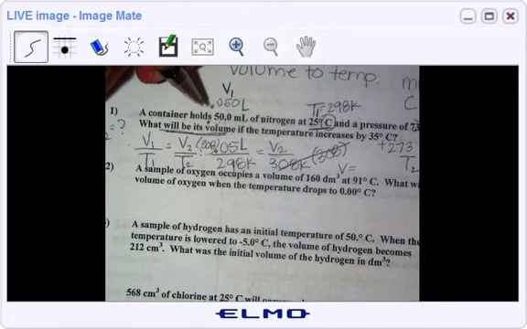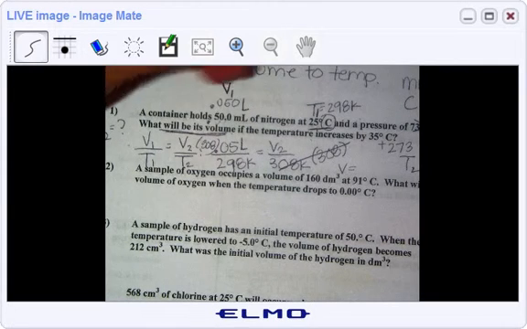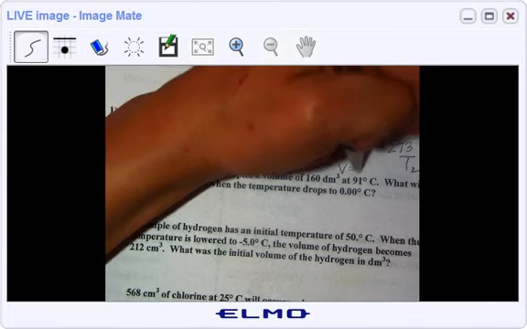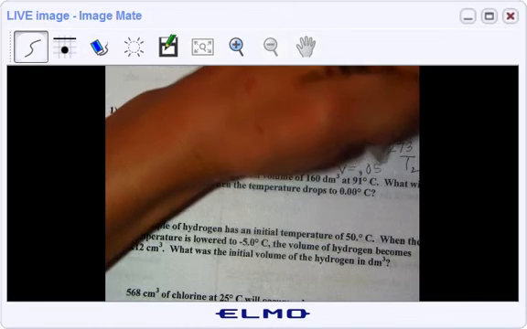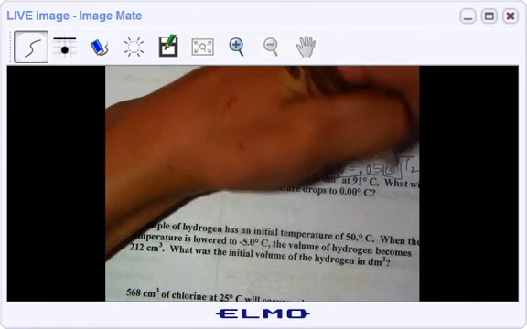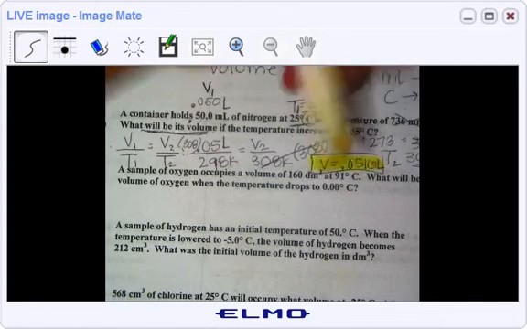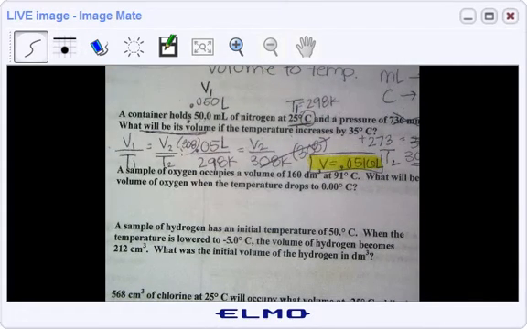I got 45,892. Okay, I made a calculator error. It's okay. I'm only human. I make mistakes. Yes, now that I retyped in my calculator, I did get 0.0516. Okay, and that's my volume, so it needs to end in liters. So there's not that much space. If you want to be more organized and do this on an extra sheet of paper, that's fine.